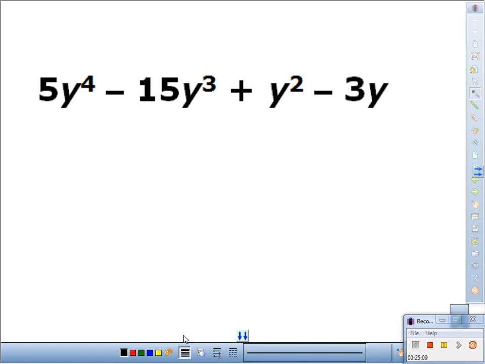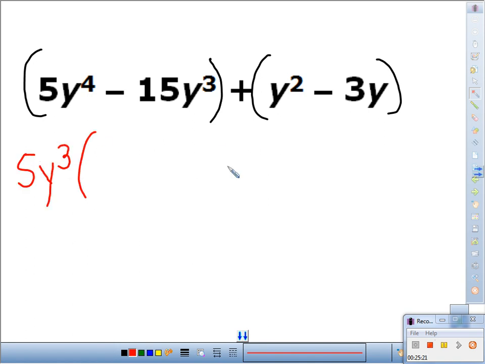Was it in standard form? Yes, that means I group these two and these two. Is that correct? All right. Brody, GCF for the first two? 5y to the third, and I'm left with what? Y minus 3. Hands up if you got up to right there. Okay, good.